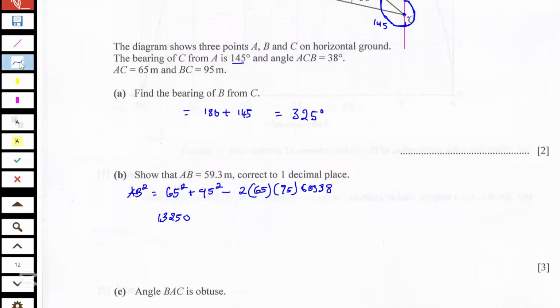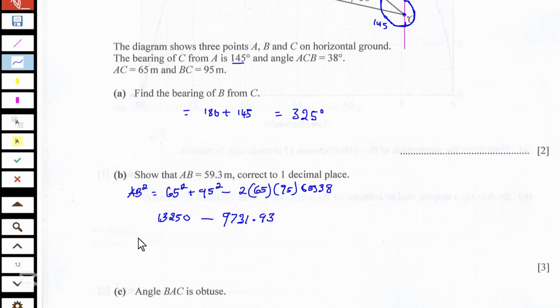Then we can subtract, minus 2 times 65 times 95 cos 38, which will be equal to 9,731.93.